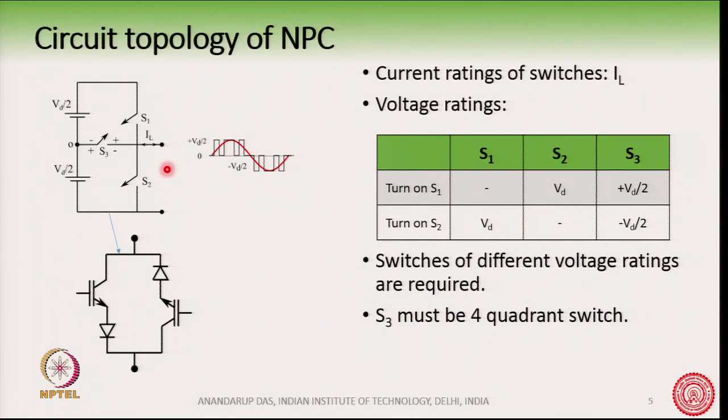I can know the voltage rating of a switch, for example S1, by turning on the other switches and seeing how much voltage S1 has to block. Remember, I cannot turn on S3 and S2 simultaneously, then I will have a short here.